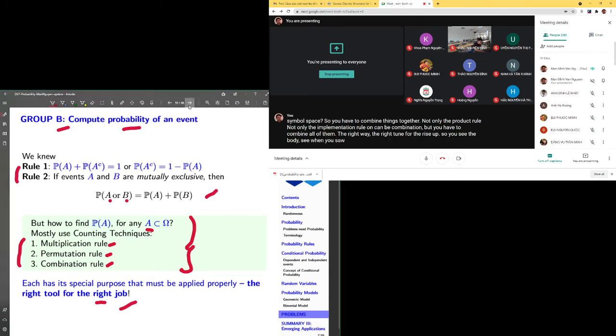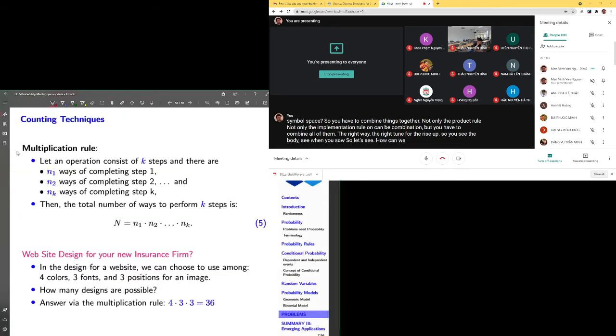So let's see how we can move on with that. I recall the multiplication rule. In your textbook, you also call the multiplication rule by the name product rule. Okay, multiplication means the product of the events.